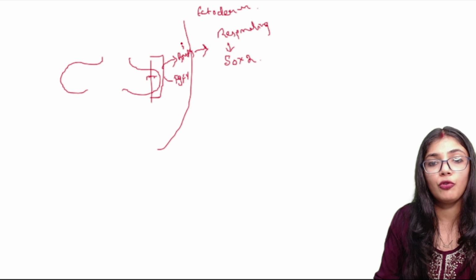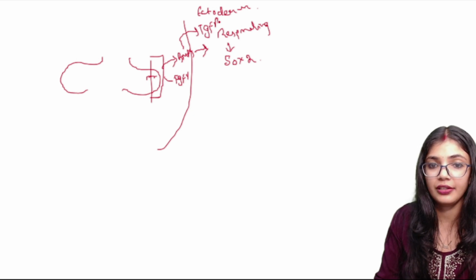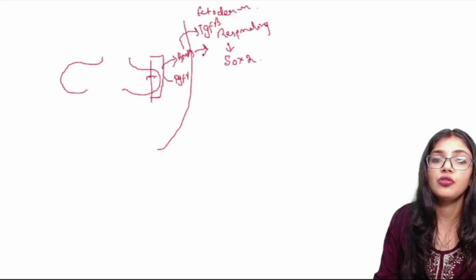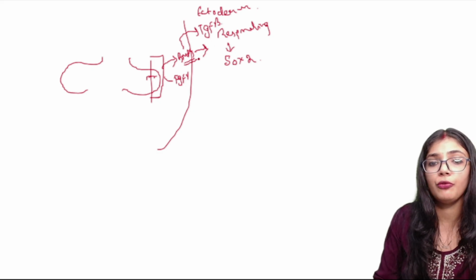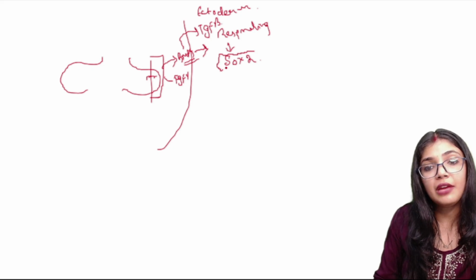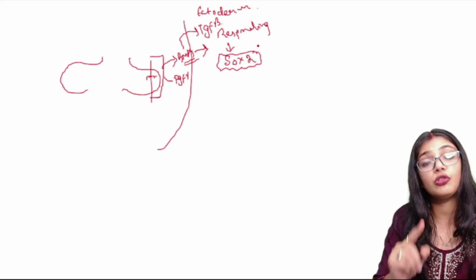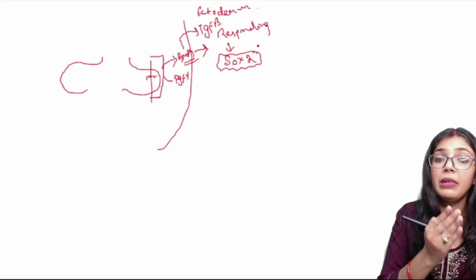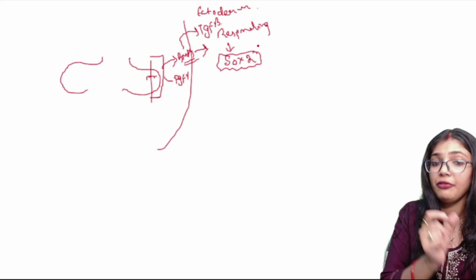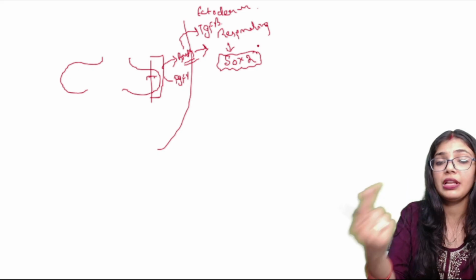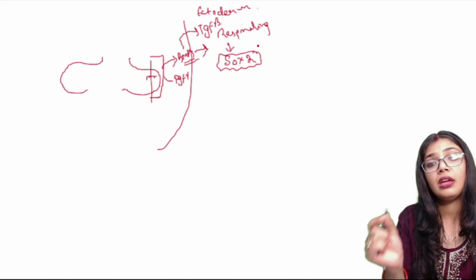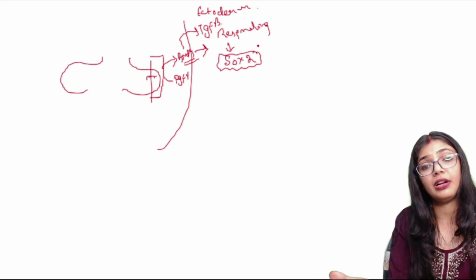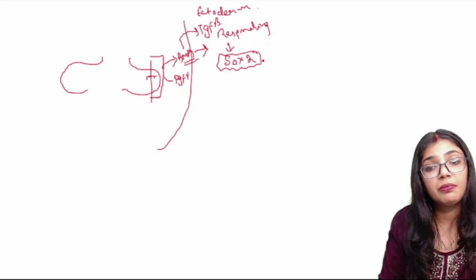BMP4 is a TGF beta factor. So responding to BMP4, what will it give? It will give SOX2. There can be a question: when BMP4 is transferred to the ectoderm, what is formed in response? The answer is SOX2.